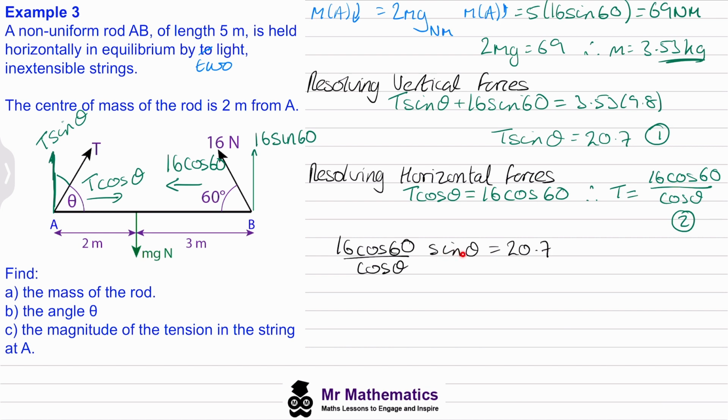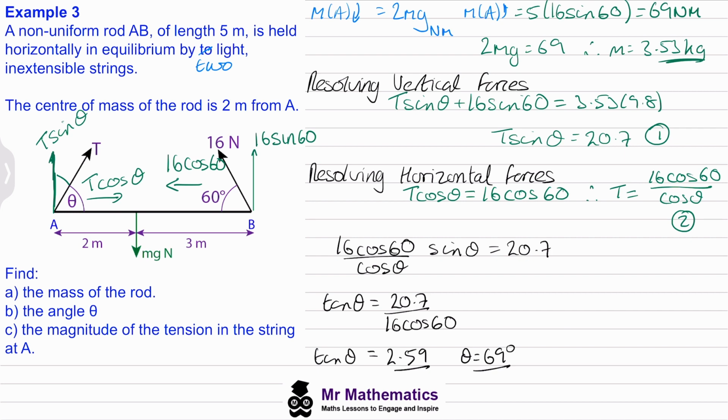We know sine theta over cos theta is tan theta, and we can move this 16 cos 60 to the right-hand side. So this will give us tan theta is 20.7 over 16 cos 60. And when we work this out, tan theta is 2.59 approximately. We'll take the arctan of both sides, so theta is approximately 69 degrees to the nearest degree.